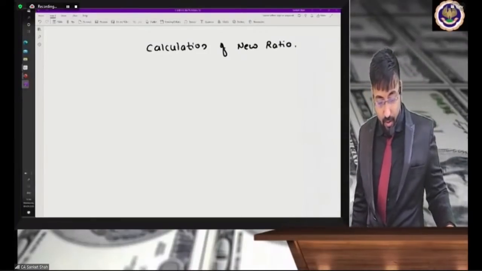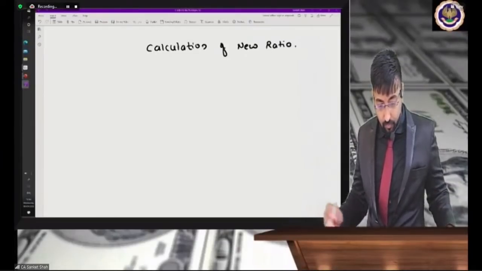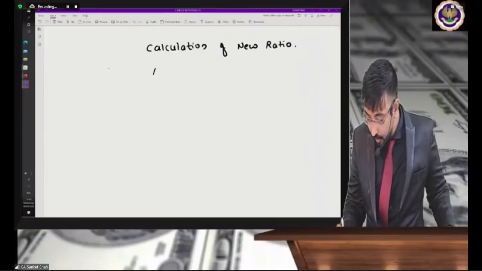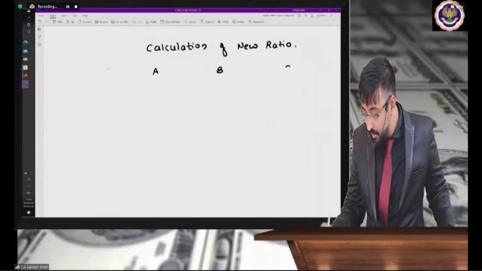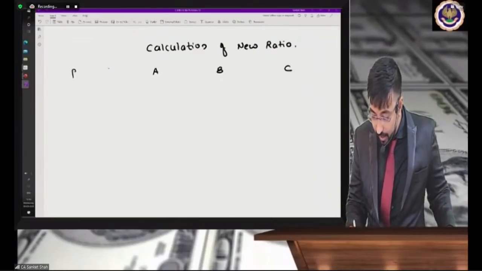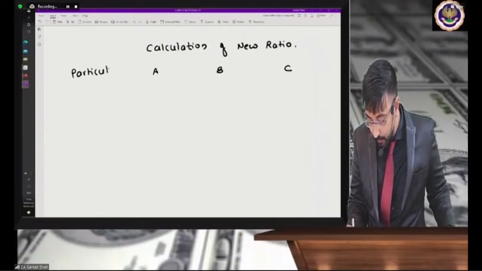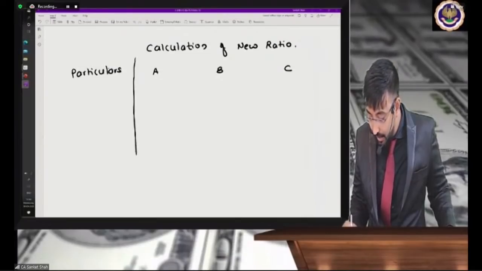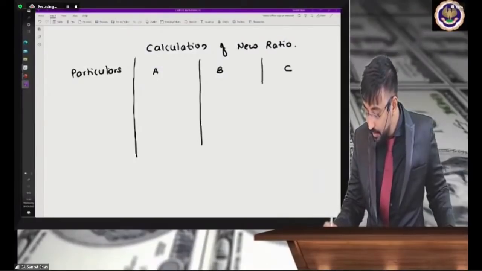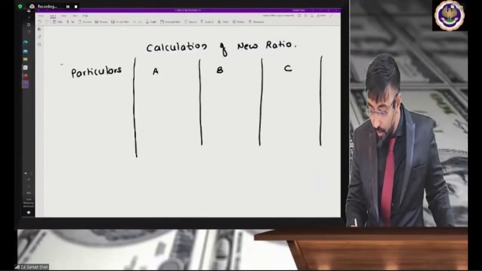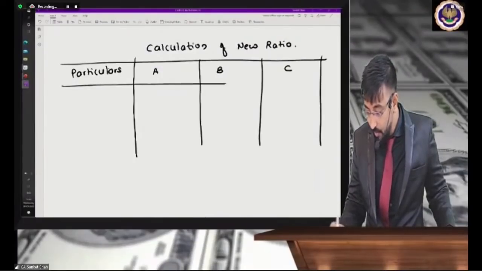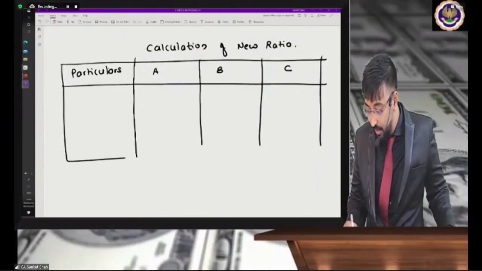Very, very important. New ratio. A, B, C. And here it is particulars. Write it afterwards. First, understand this concept. You have to draw in this way and draw by scale.